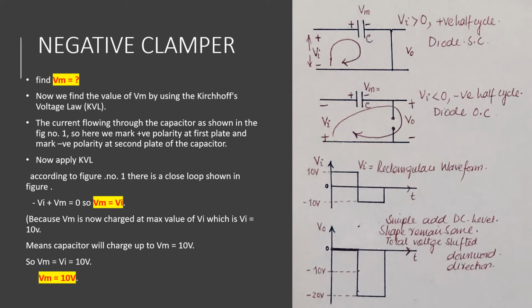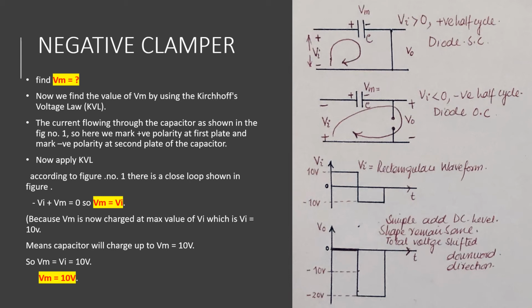We have voltages Vi and Vm. So it is minus Vi plus Vm is equal to 0. So Vm is equal to Vi, which we have already seen in our previous slide, because the capacitor is charged to the maximum value of Vi, and the maximum value of Vi in the rectangular waveform is 10 volt.